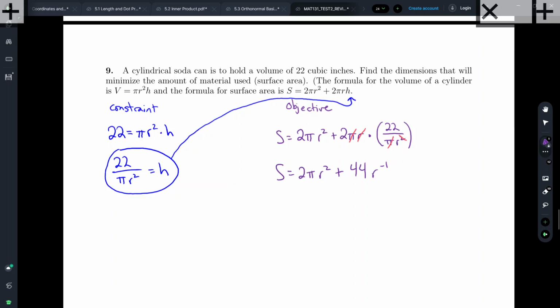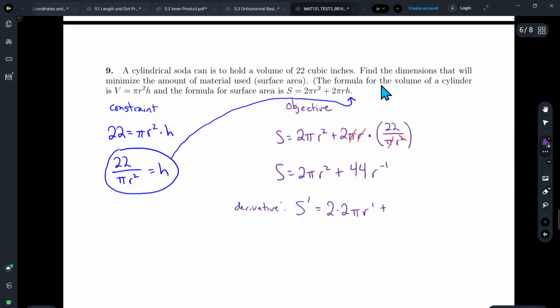Okay, so we want to minimize, right? So that means I have to find the critical point, so we take the derivative. Right, so S prime, so this is just the power rule. So the 2 comes down, so it's 2 times 2 pi r to the first power, and then plus, and then here the negative 1 comes down. So negative 1 times 44 r, and then it's negative 1 minus 1.